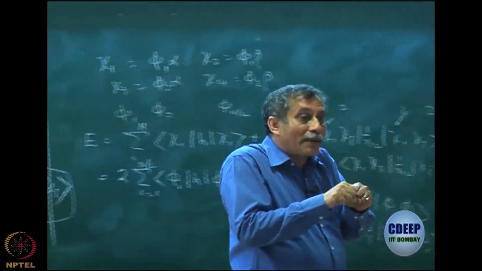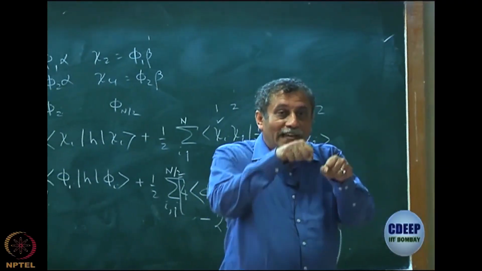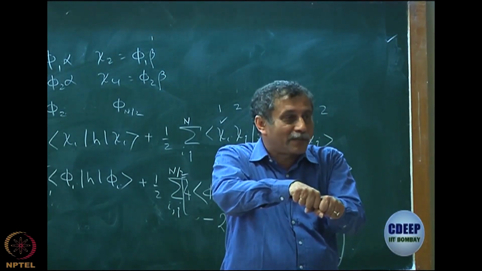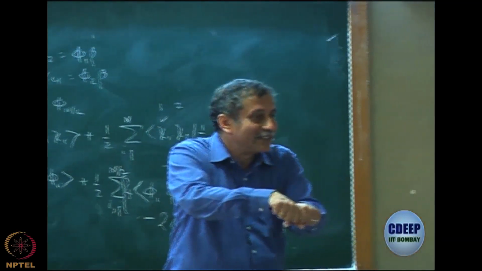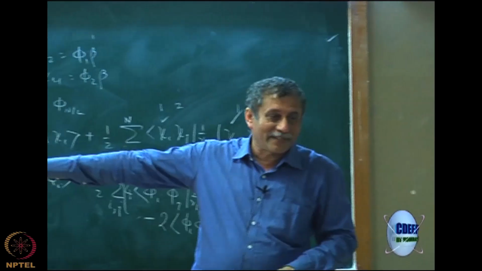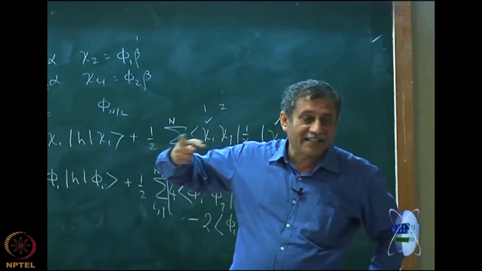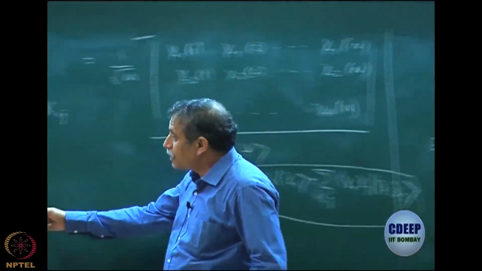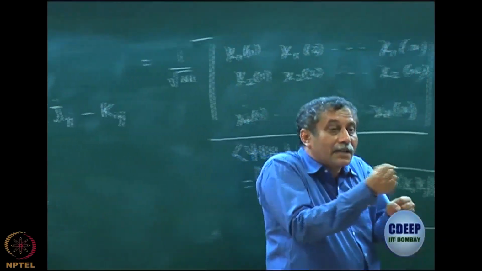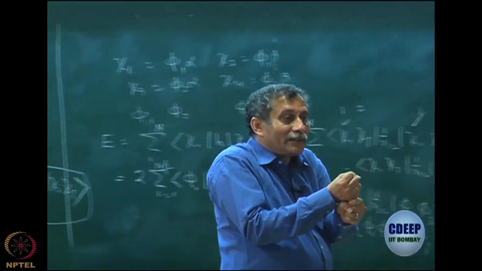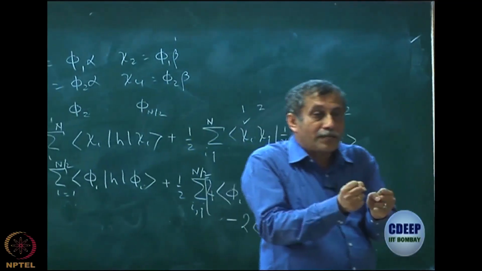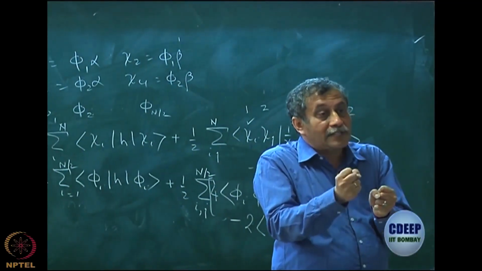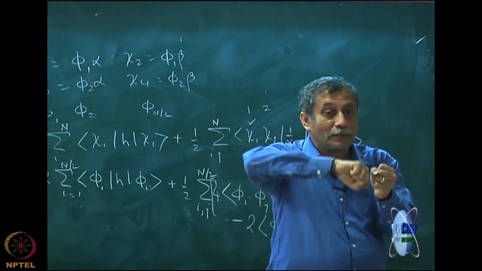In spin orbitals nothing would surprise, but here they are space orbitals. So there can be 2 electrons sitting in the same space orbital, and they will have a Coulomb interaction. This is not at all surprising, because we are rewriting this expression in terms of space orbitals. In terms of spin orbitals, this could never have survived, because no 2 electrons can be sitting on chi i, because of the Pauli principle. But in terms of space orbitals, there can be 2 electrons, of course, albeit one of them would be alpha, one of them would be beta.